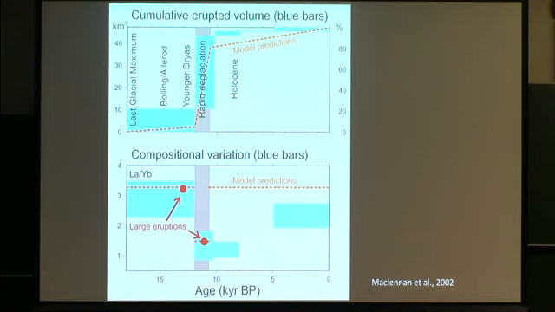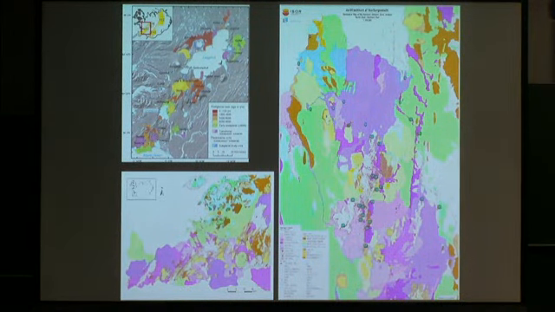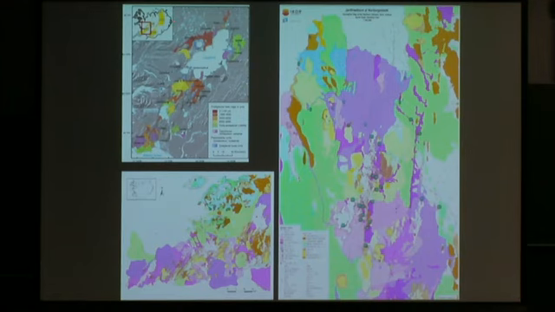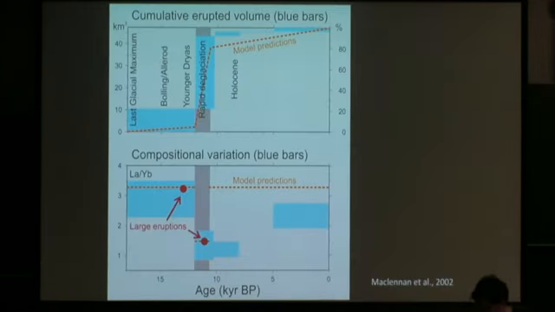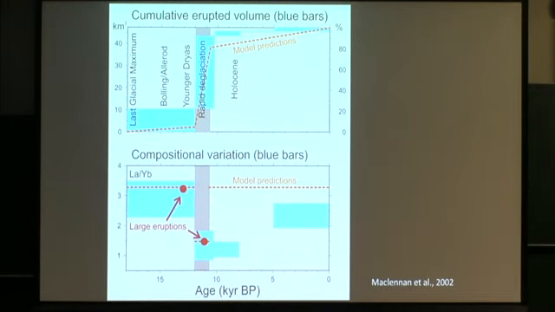And same here. The blue shaded areas show estimates of the cumulative volume of erupted products. This is just for the northern volcanic zone, so roughly the northernmost bit of Iceland, for the last deglaciation.